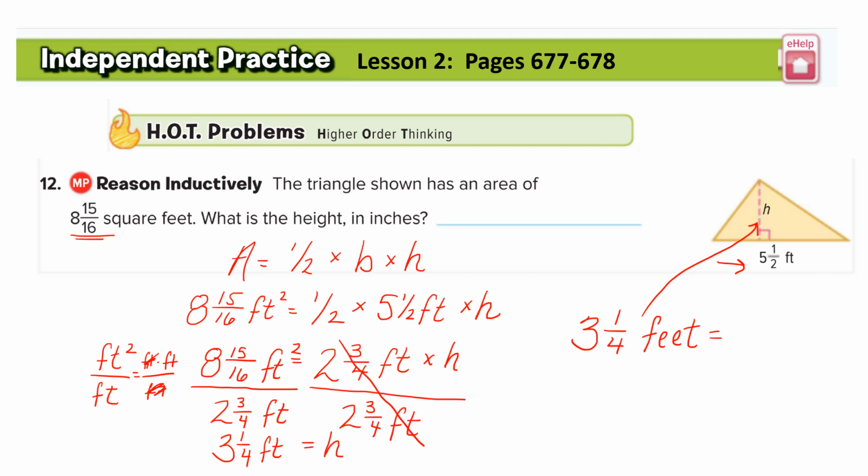But now we want to convert that to inches. I know that 1 foot equals 12 inches, so to go from feet to inches I have to multiply by 12. Multiply by 12, and you're going to get 39 inches.